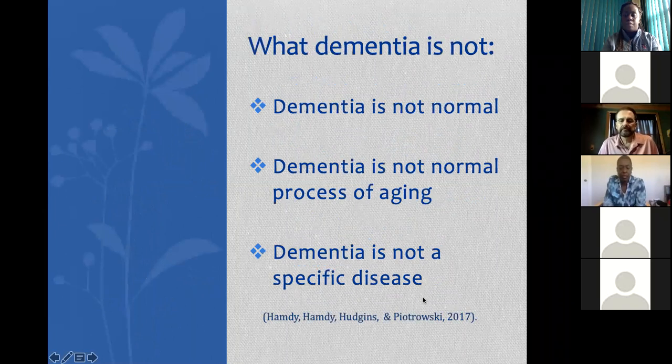So first we want to talk a little bit about what dementia is not, because sometimes there is a little bit of misunderstanding about what dementia is. So first we want to discuss what it is not. It's not a normal process of aging, and dementia is not a specific disease.